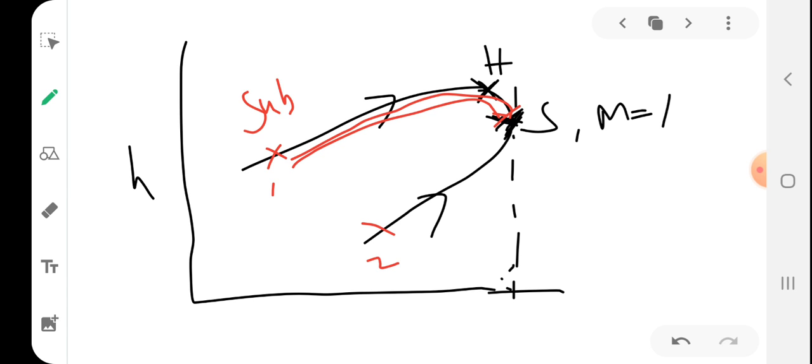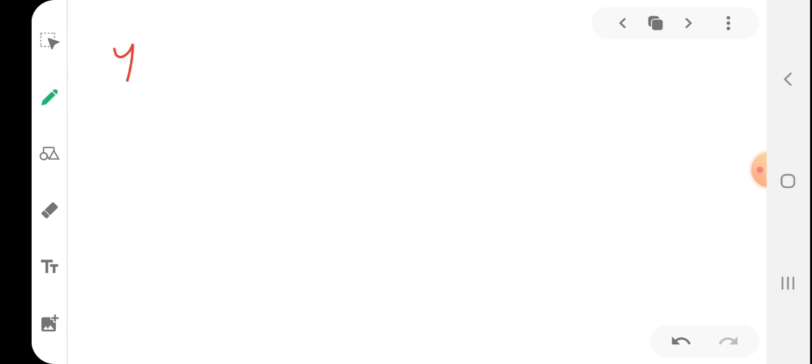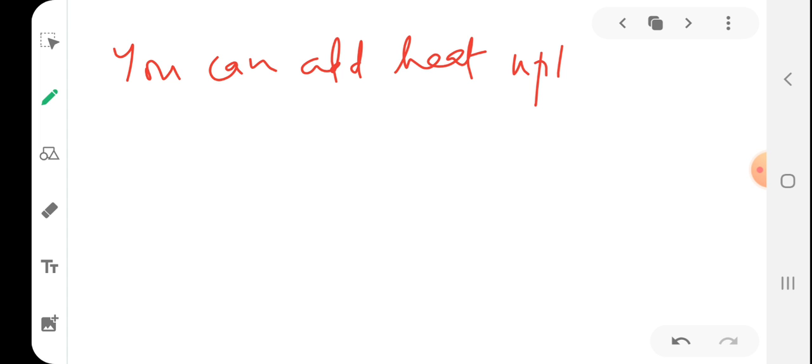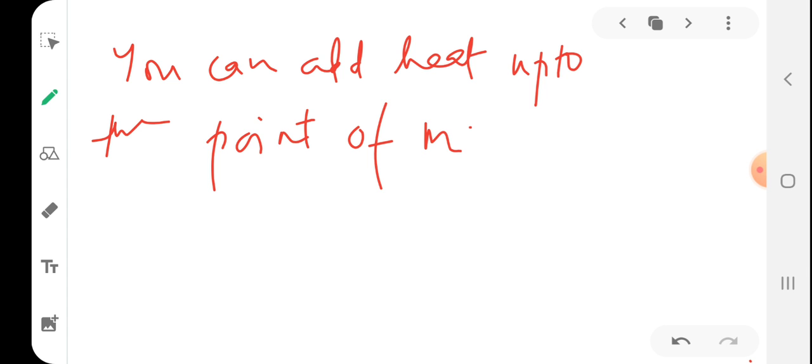If your starting point is 2 in the lower branch, that is the supersonic branch, still you can add heat up to this point only. So you can add heat up to the point of maximum entropy, right?